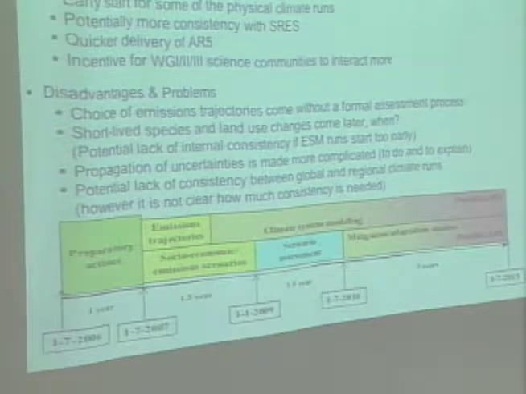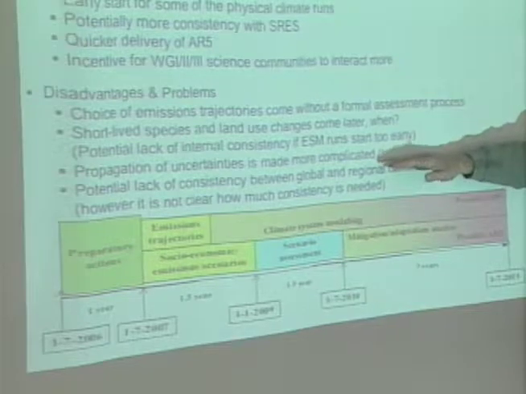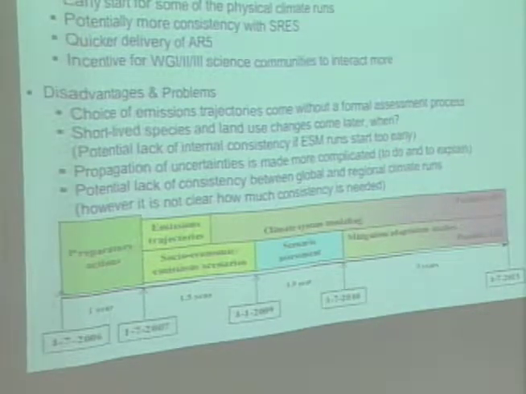We can assume something, but then if it proves to be inconsistent, then we've got somewhat of a problem. I mean, we've got to make sure we explore enough of the dimension in short-lived species and land use so that we can use the EMIC to remove the inconsistencies if there are any. As I mentioned before, the propagation of uncertainties is more complicated to do and to explain, but I think we can work it out.